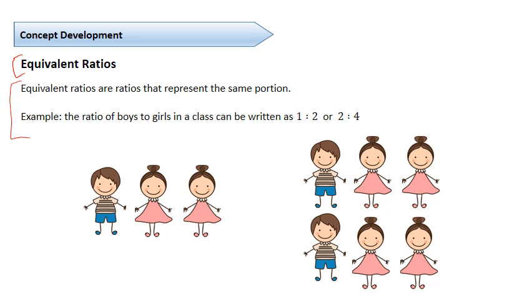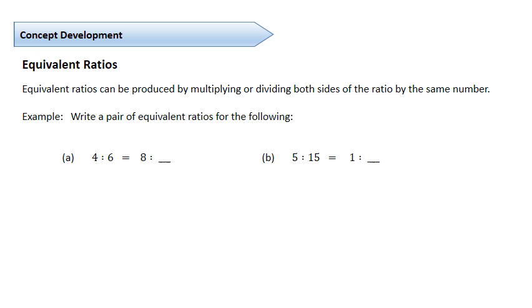Those are equivalent ratios. So we always have double the amount of girls if we follow that ratio. So let's look here. Equivalent ratios can be produced by multiplying or dividing both sides of the ratio by the same number, exactly like we did with fractions.